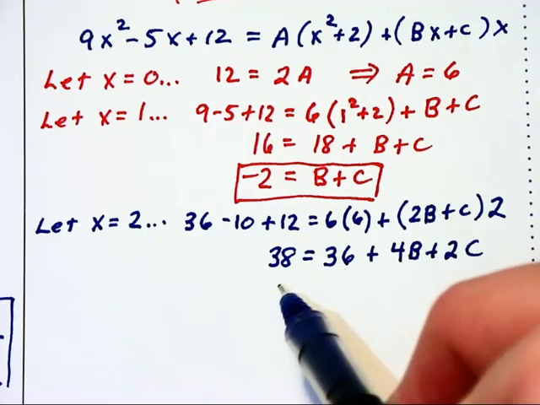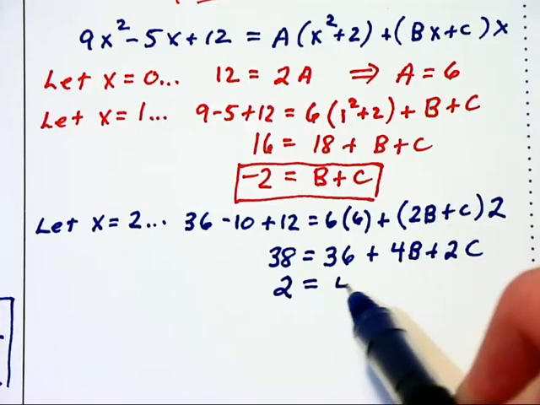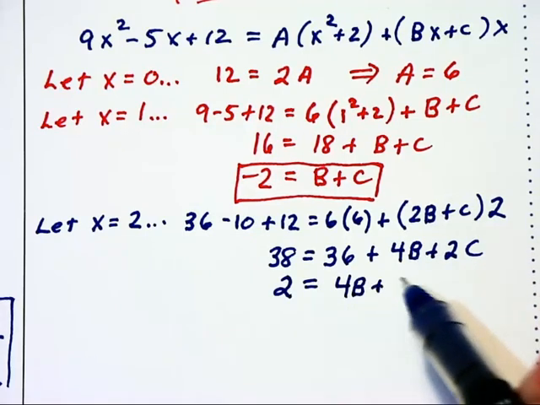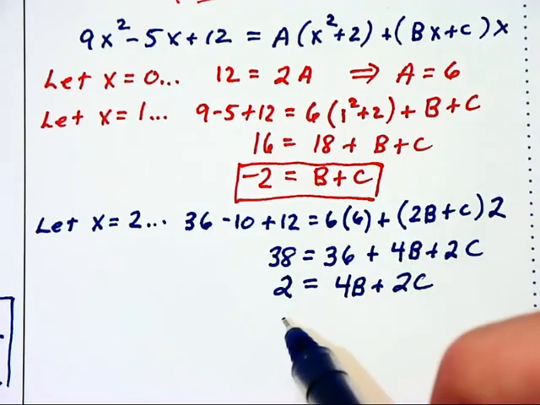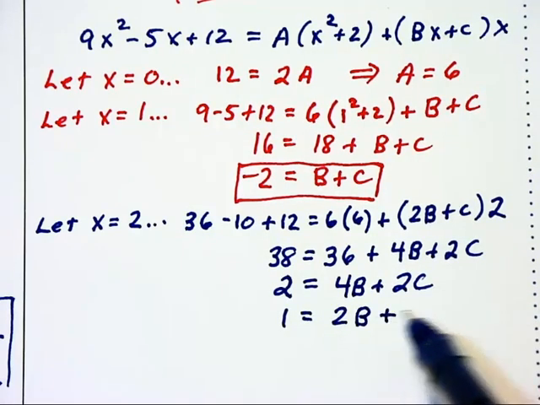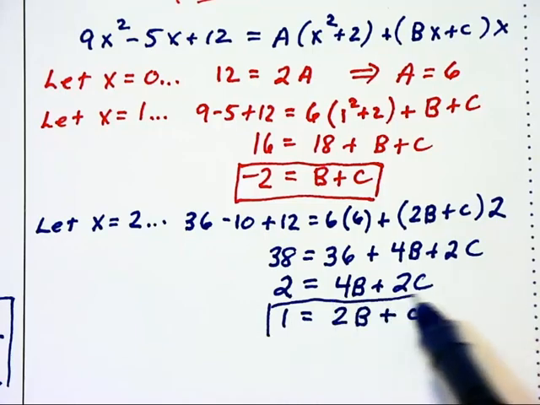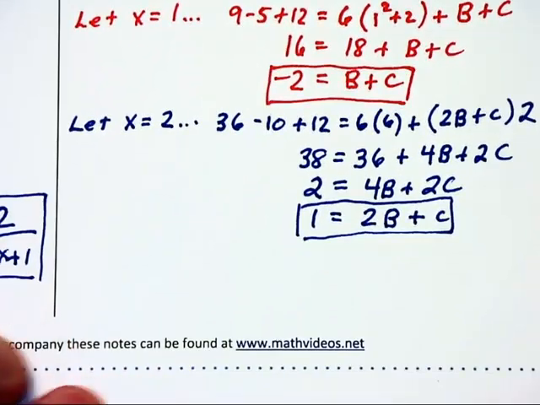Let's subtract the 36 off to get 2 equals 4B plus 2C. And I'm going to go one step further. I'm going to divide through by 2 and get 1 equals 2B plus C. Now I've got another equation with both B and C in it.